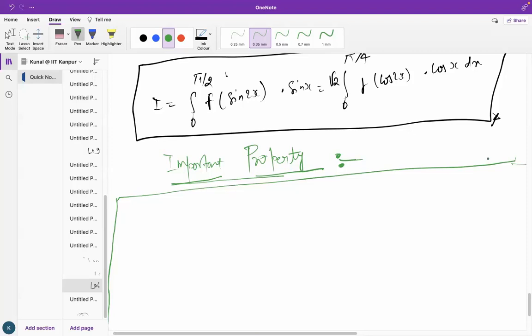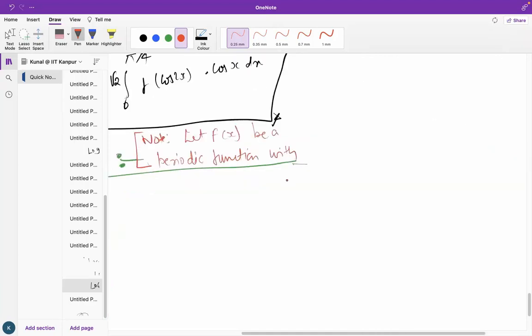So let me write first. Our first property would look like this, when you are integrating. Let me write a noted point here. The note is: let f(x) be a periodic function with period t.